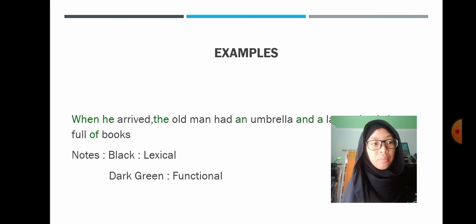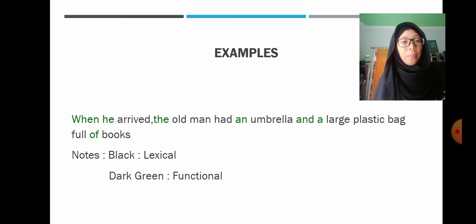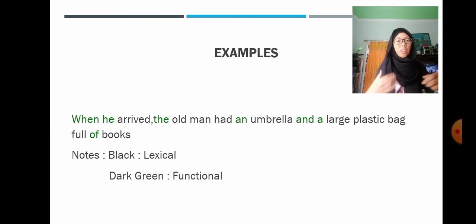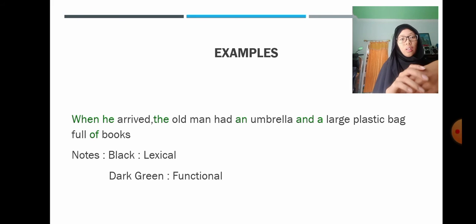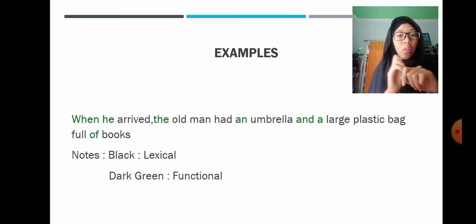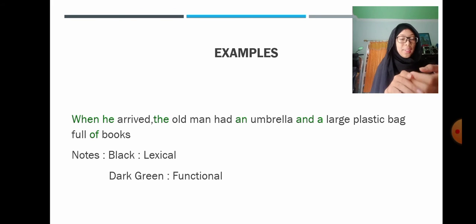And next, for example, as you can see in the sentence, when he arrived, the old man had an umbrella and a large plastic bag full of books. The words in black color we call lexical morphemes, and the words in dark green we call functional morphemes.